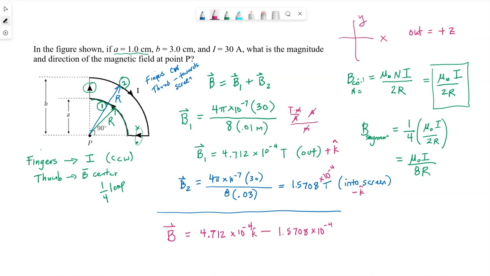The minus sign is in front of the number for the minus k-hat. So the 4.712 minus the 1.5708. We get, I'm going to round my answer because we're at a final answer, 3.1 times 10 to the negative 4 Teslas in the k-hat direction, or out of the screen.